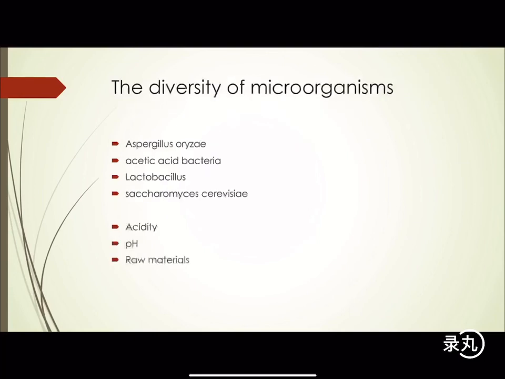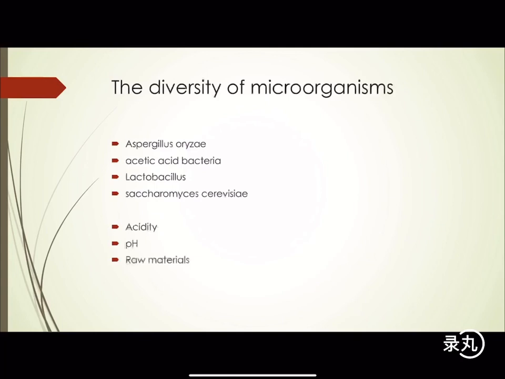The diversity of the microorganisms relates to many factors. It relates to the raw materials and different environments. The microbial variety involved in the early fermentation period of fruit vinegar is less than in cereal fermentation. In the fermentation process, using different materials will lead to different results.